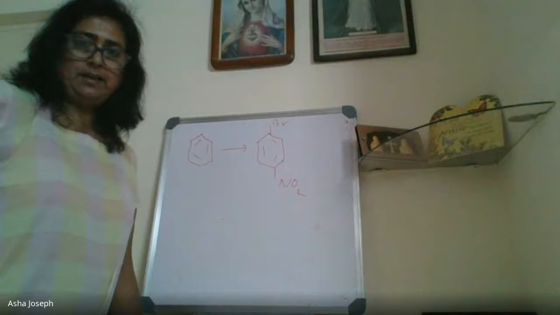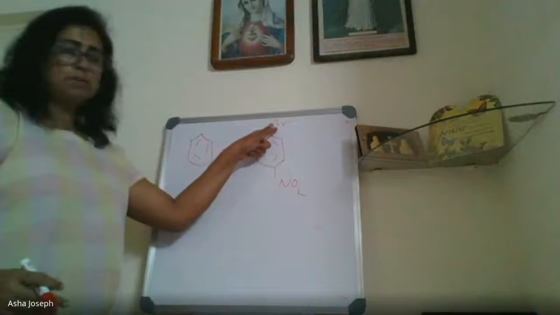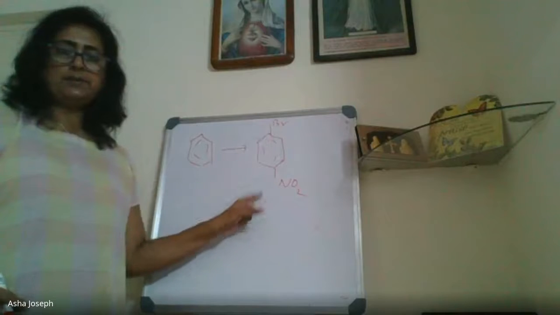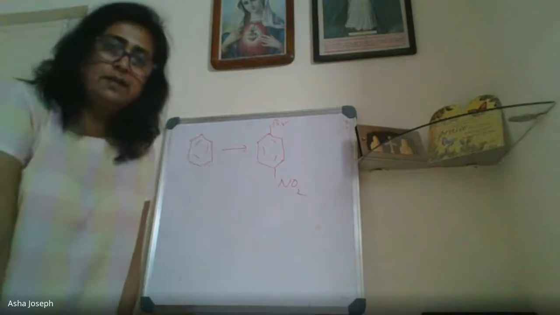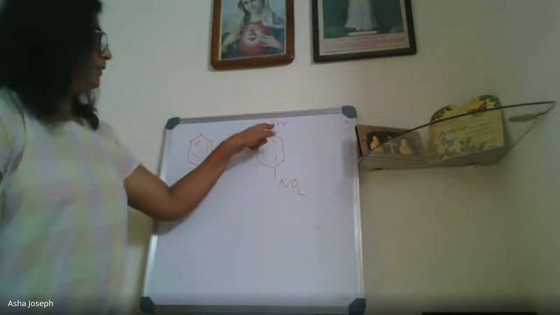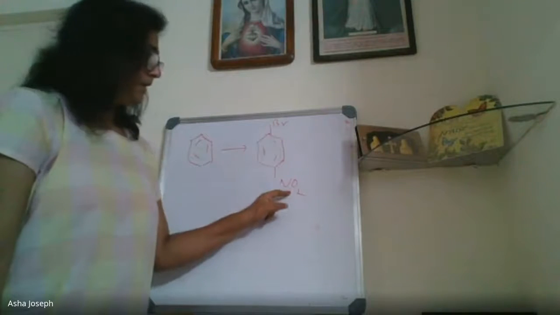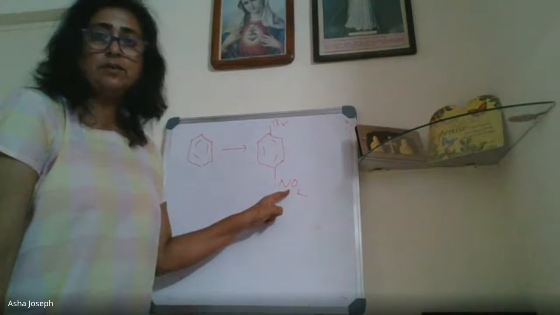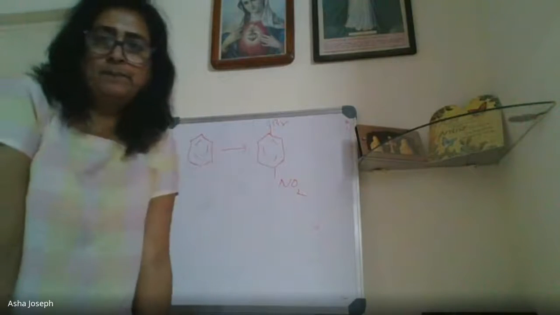Any idea? So, bromine is at the para position. First we will convert benzene to bromobenzene and then nitration, isn't it? Because bromine is ortho-para directing, but nitro group is meta-directing. So, we have to introduce bromine first.